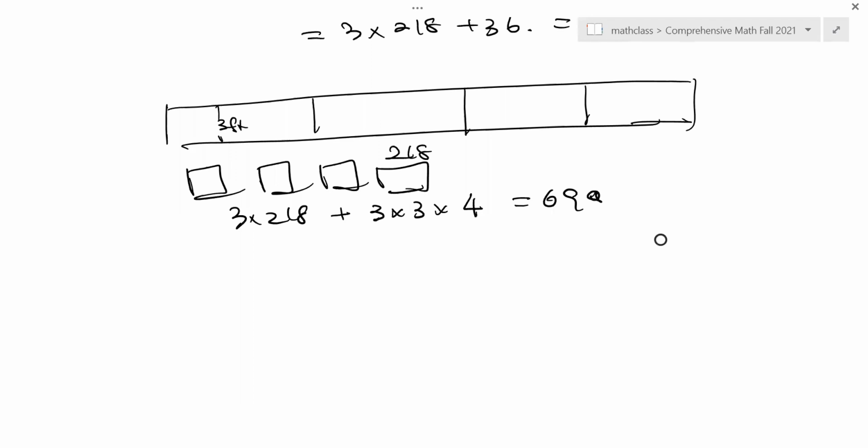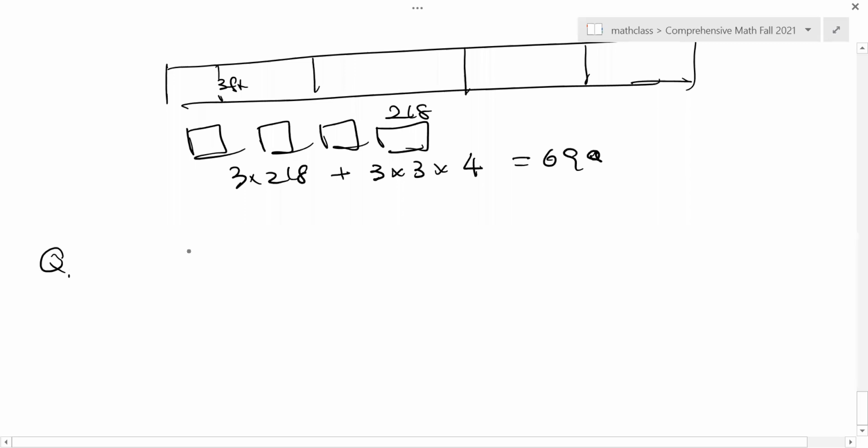All right, our next problem is, I bought a piece of fence.